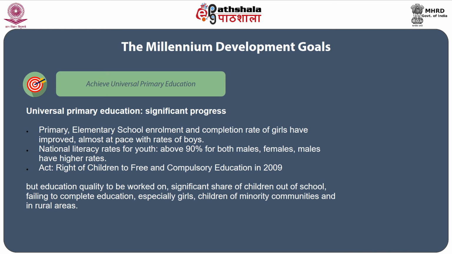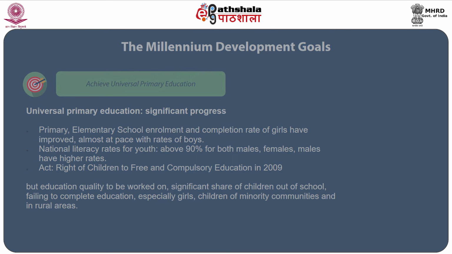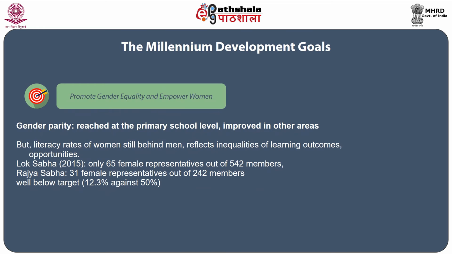There is an act, the Right of Children to Free and Compulsory Education in 2009, but education quality is an area to be worked on still, as well as the significant share of children out of school failing to complete education, especially girls, children of minority communities and in rural areas. In the area of Goal 3, gender parity has been reached at the primary school level and improved in other areas, but literacy rates of women are still behind men, which also reflects inequalities with regard to learning outcomes and opportunities.